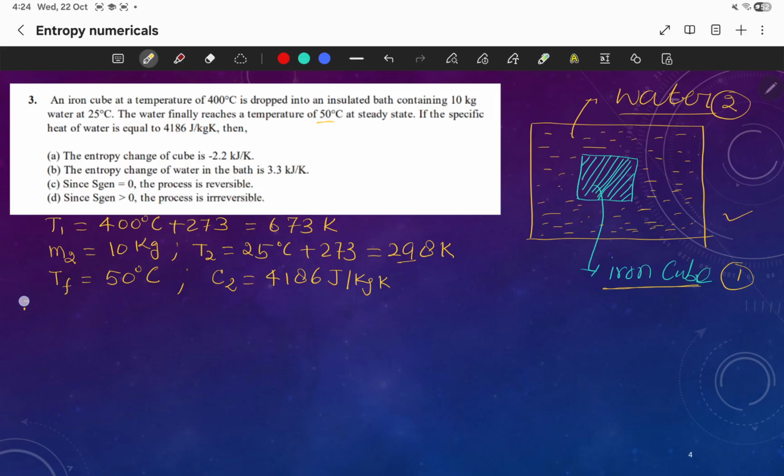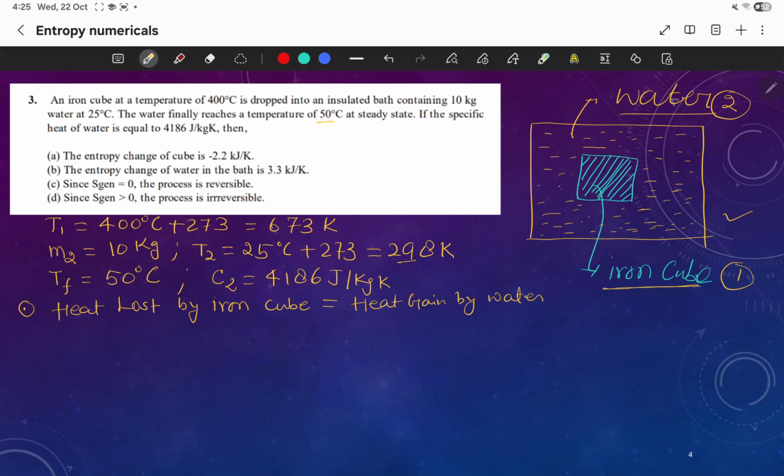So the first thing we know is the energy conservation equation: heat lost by the cube will be equal to heat gained by water.